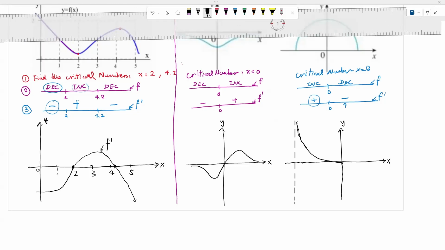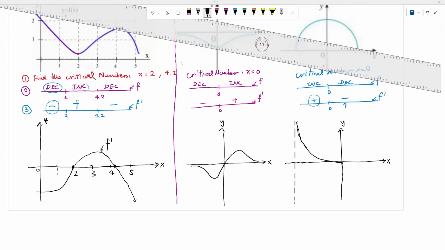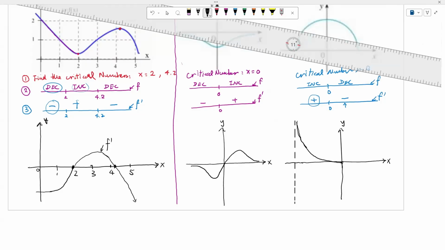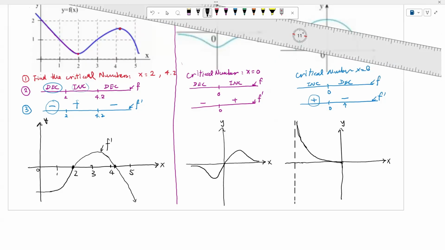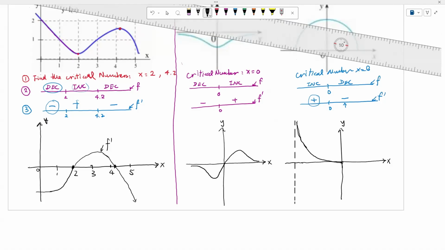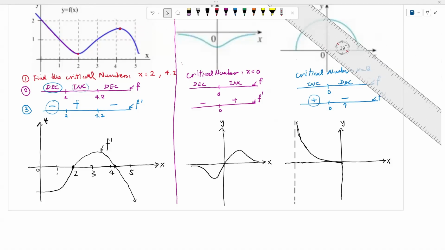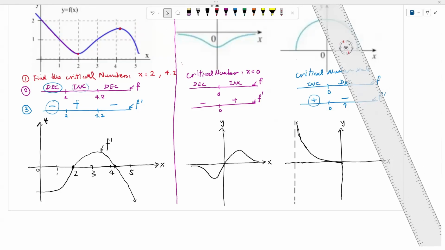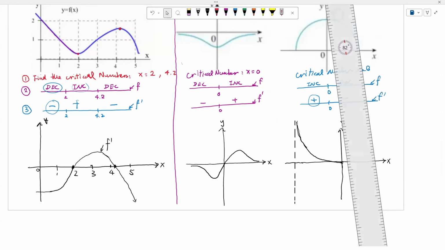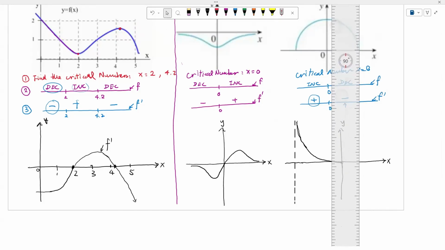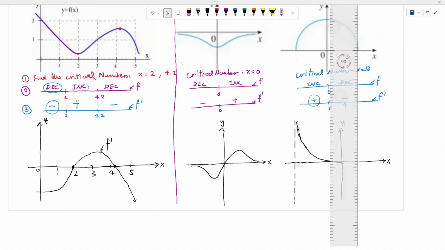And then now we have it negative, and it becomes more and more negative. More and more negative. It is getting bigger and bigger toward negative infinity.